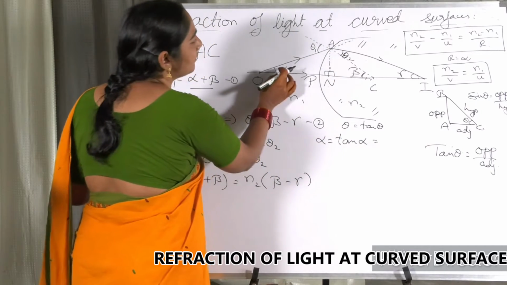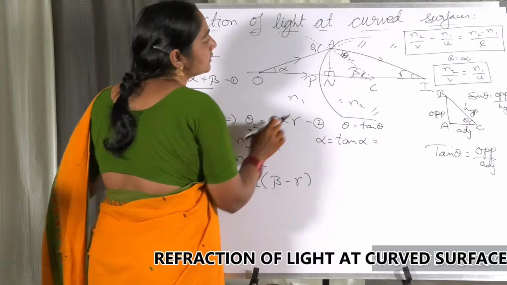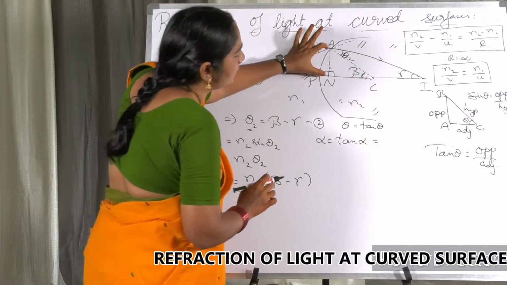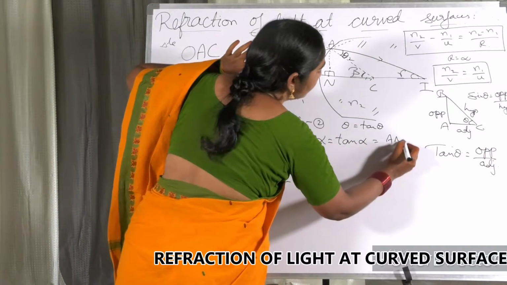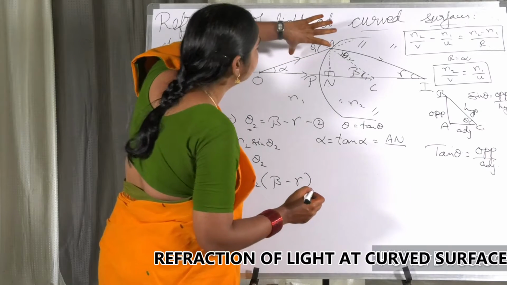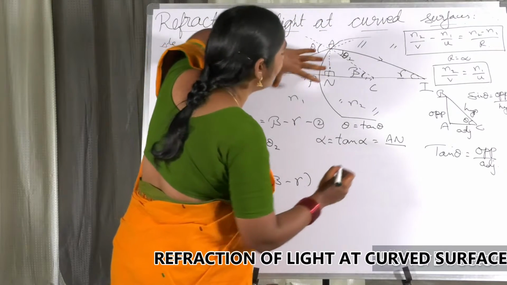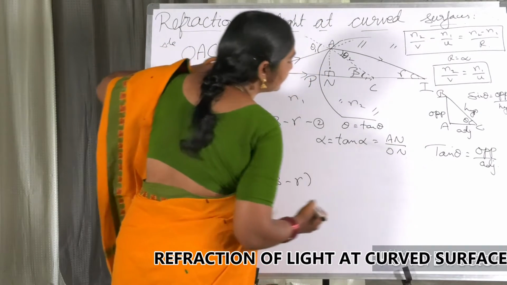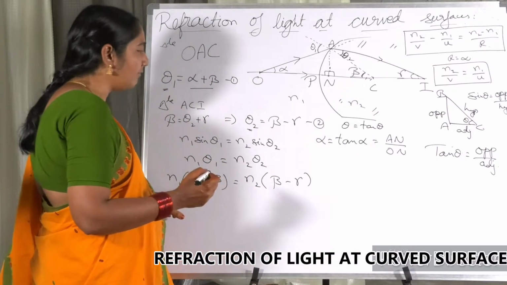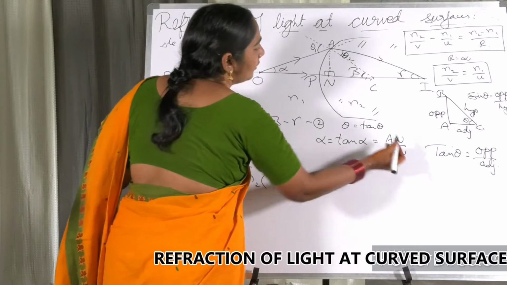Tan alpha is nothing but equal to opposite side, this is the opposite side, means AN, by this is the adjacent side, ON. Now I can replace alpha by AN by ON.